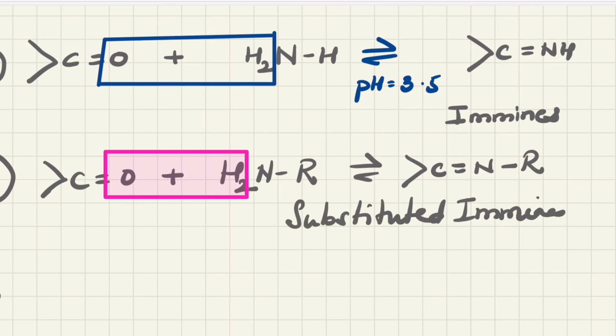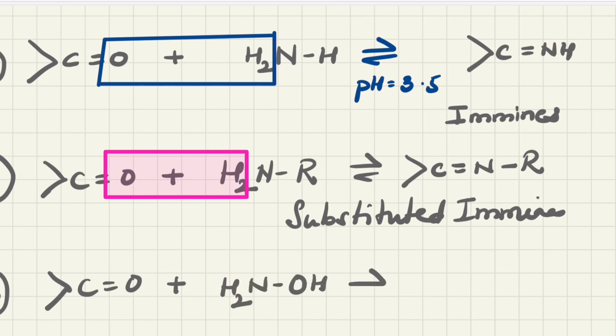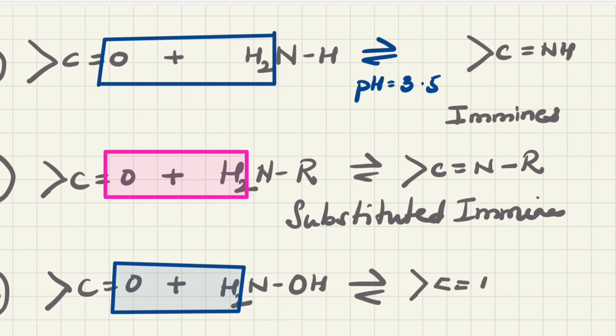Next one. We take hydroxylamine. So this is amine part and this is the hydroxy part. Exactly the same way. Water comes out. We get the product known as oximes.